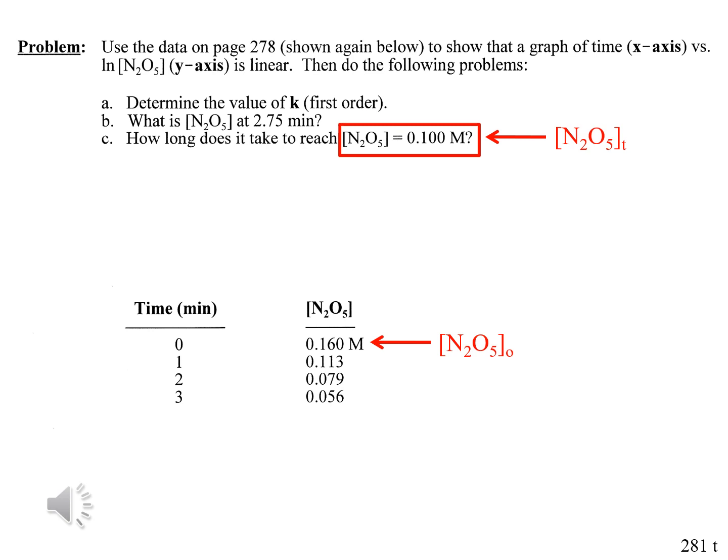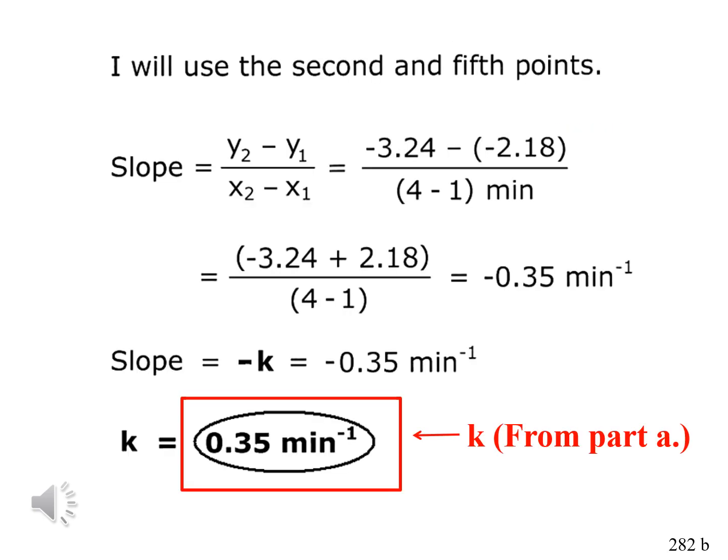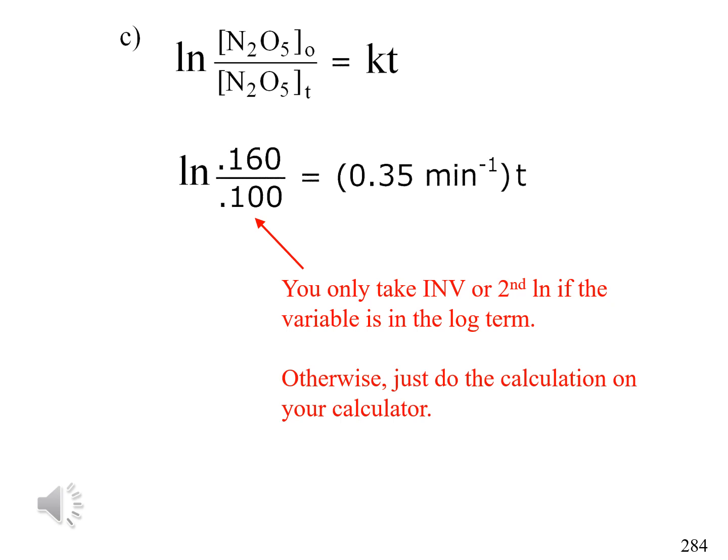The concentration at time t in the problem is 0.1, and the original concentration is still 0.16, and the k value is, of course, 0.35. So when you plug in those numbers, the only variable that's left this time is t.